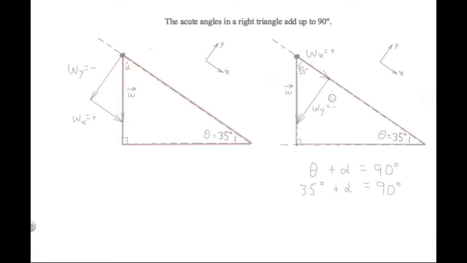This is the same right triangle as we got over here in red. So again, we can call this angle theta and this angle alpha, and we'll know that theta plus alpha equals 90 degrees, because the acute angles in a right triangle add up to 90 degrees. Theta is 35 degrees.